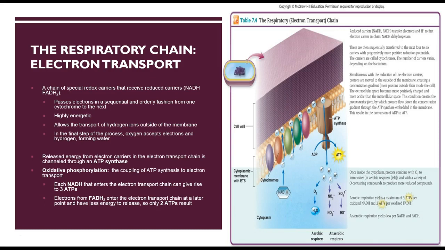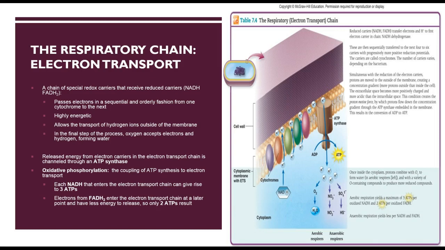So each NADH electron carrier molecule that enters the electron transport chain will produce 3 molecules of ATP. Each FADH2 electron carrier molecule that enters the electron transport chain is going to produce 2 ATP molecules.